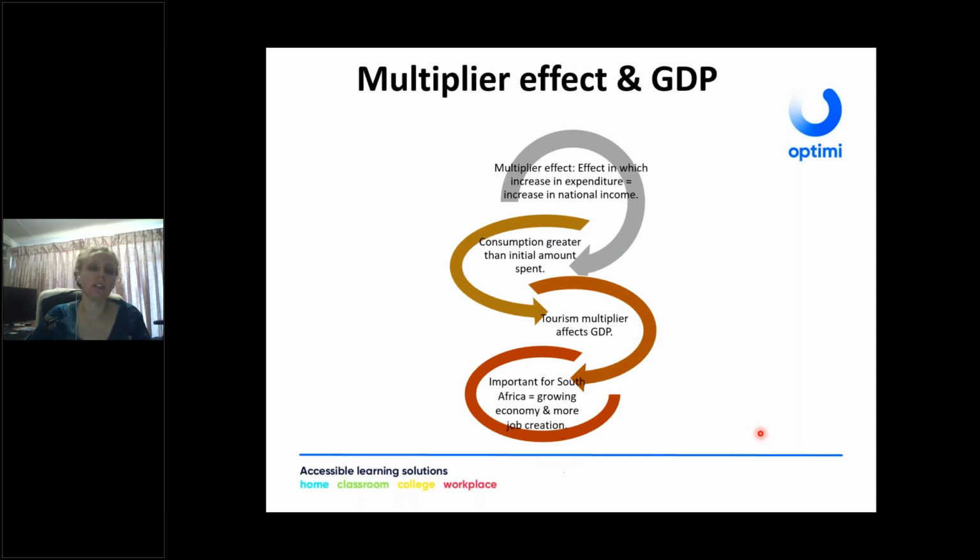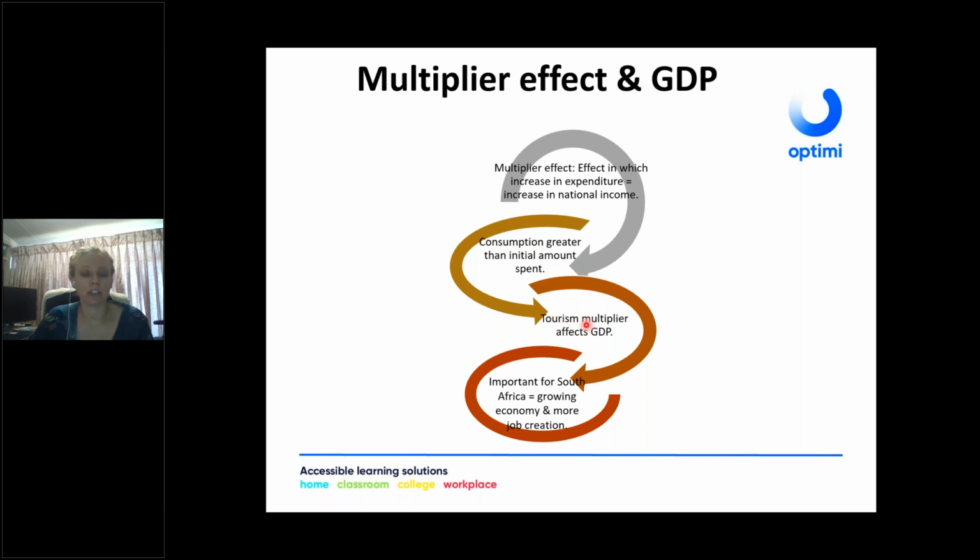Okay, so if we look at the multiplier effect and the GDP, so the multiplier effect in which the increase in expenditure, so there is an increase in how tourists spend their money, which means that there is an income or an increase in our national income. Consumption is greater than the initial amount spent.